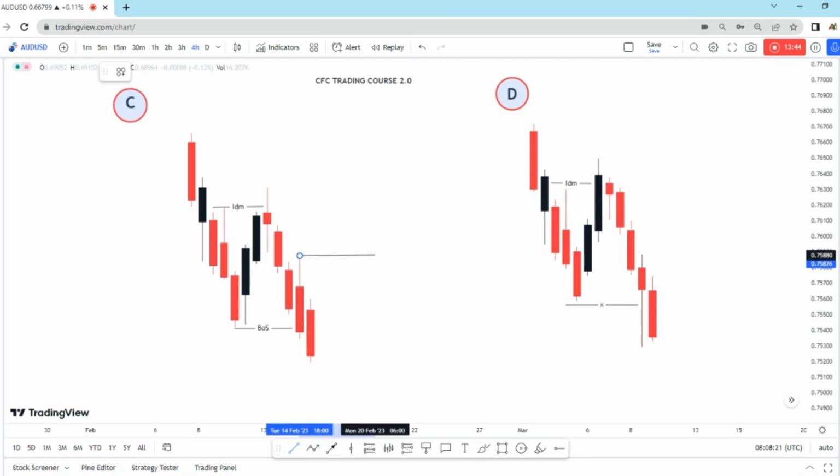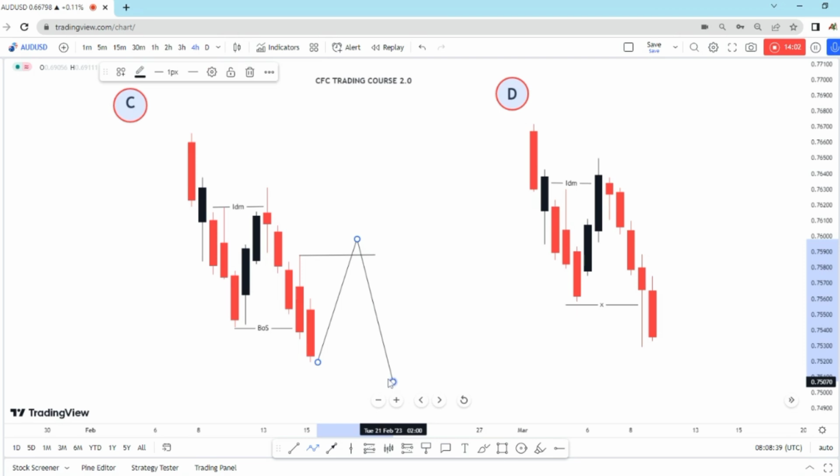That is our next inducement. If price moves back to take this inducement, then takes the low, it has taken the inducement and continues to the downside.